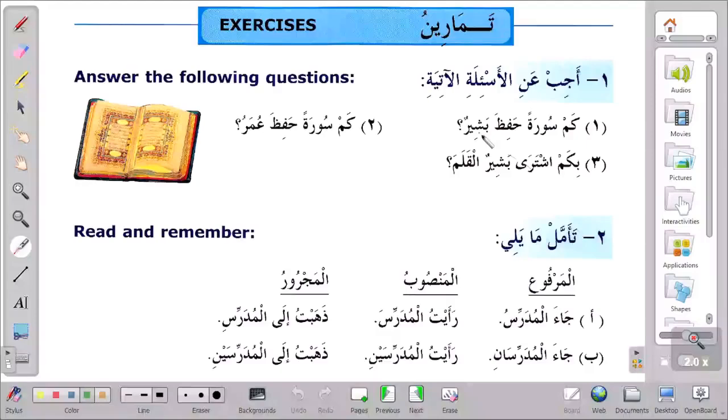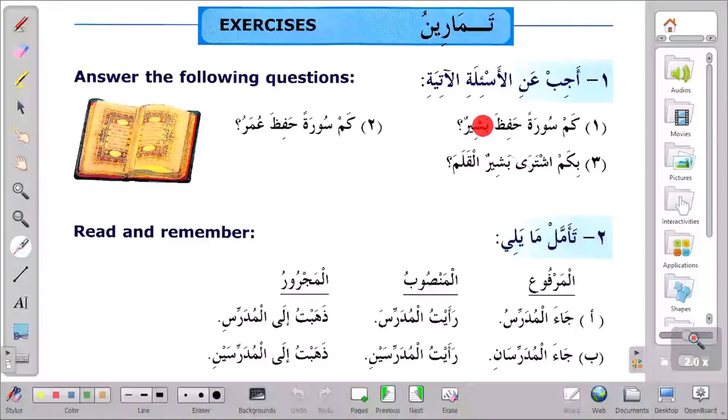Of course, this question is in relation to the dialogue that we just read, so we are supposed to use the information from the dialogue to answer it. If you remember, he said suratan wahidatan, only one surah.